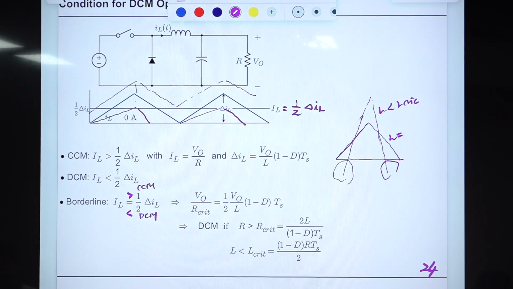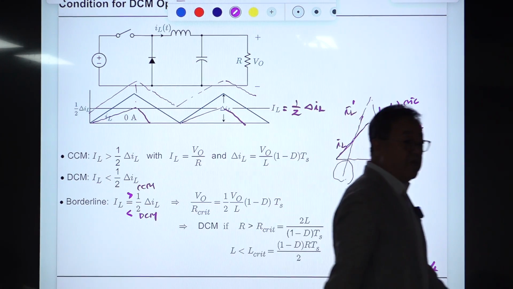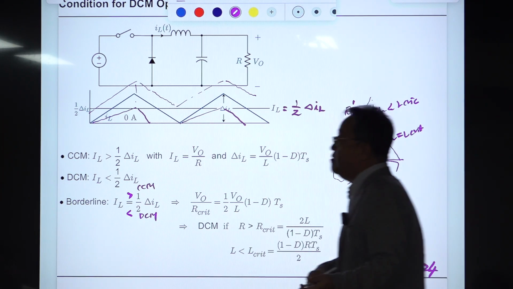This is L critical, and this is IL, IL prime. With this, you can understand that if the inductor is smaller than L critical, the converter confronts DCM operation. This is the opposite of that.